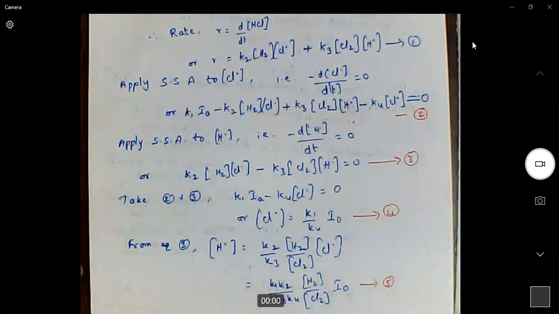So we have the Cl radical concentration and the H radical concentration. We will substitute everything in equation 1.